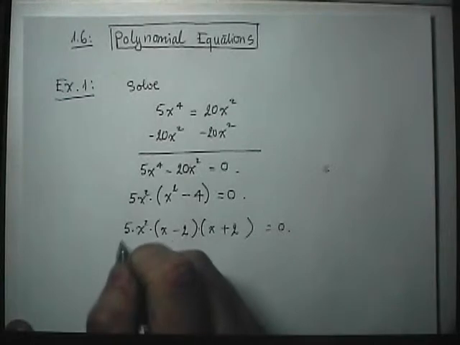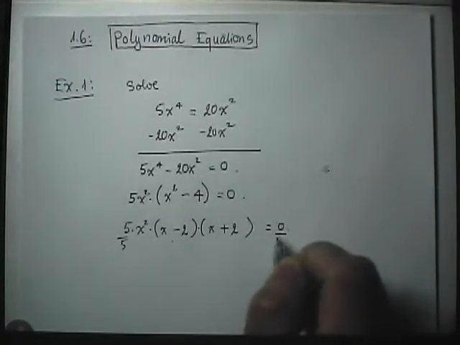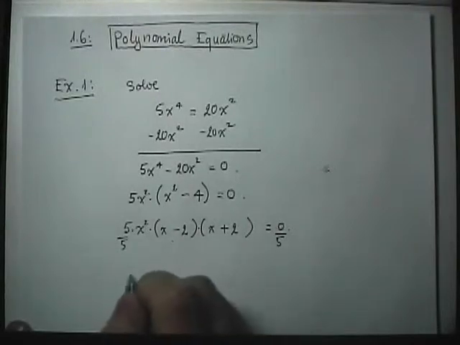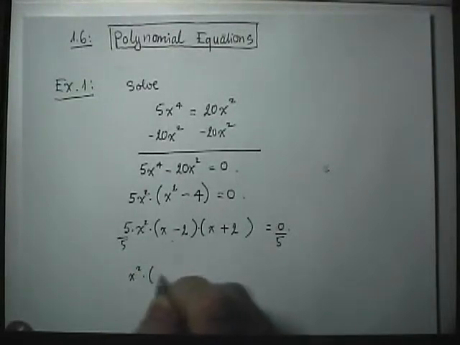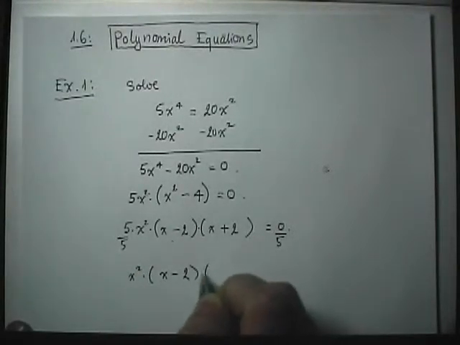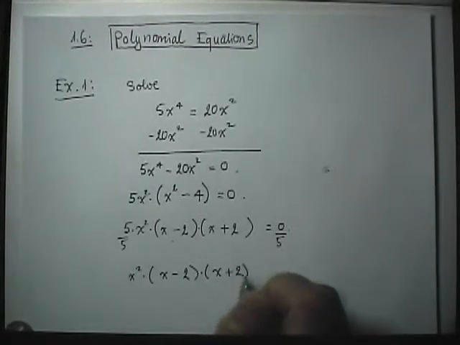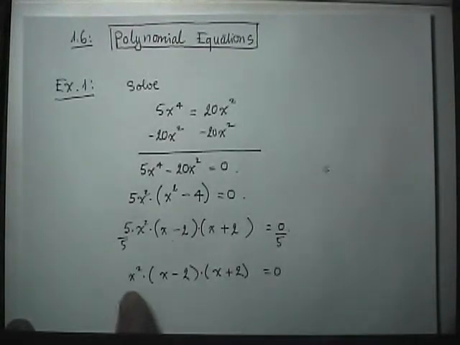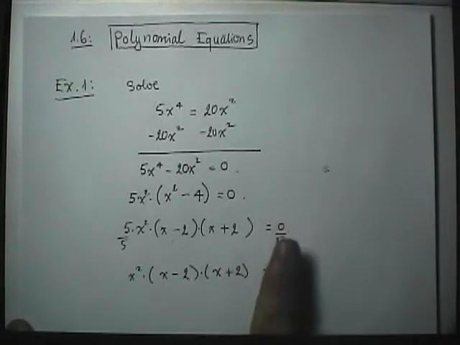Or in other words, you can think of dividing 5 away from both sides because it's a constant. So you have x squared times x minus 2 times x plus 2.